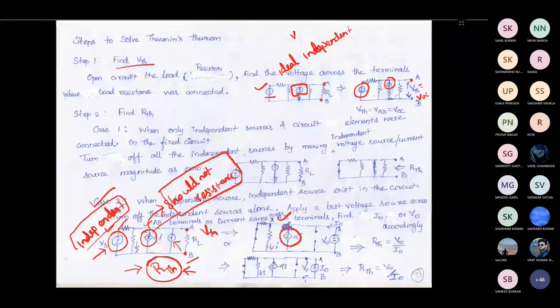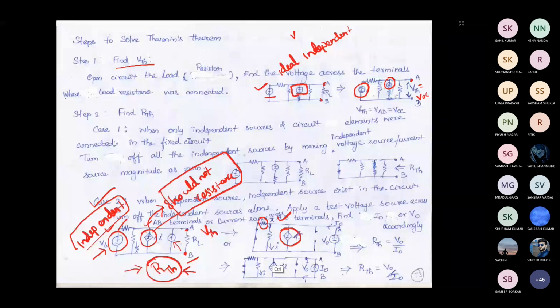When you have a dependent source, how can we find the RTH? Because for RTH, if it is directly resistors or inductors, we can directly find the equivalent value of the series parallel combination of resistors and inductors for finding R Thevenin. But here you can see that there are some dependent sources available in the circuit when you are finding RTH. So in that case, how can we find the RTH?